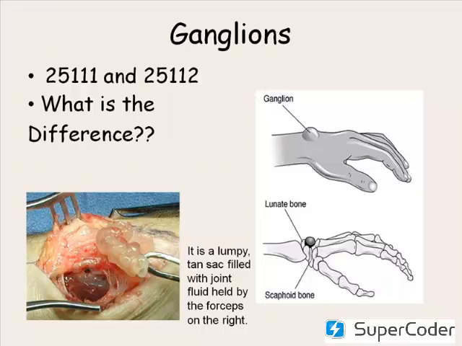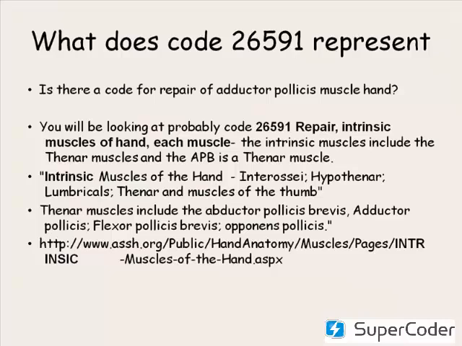On slide number 10, there's a code, 26591, and it talks about the repair of the intrinsic muscles of the hand. If you don't know your anatomy, you may end up never using this code, because they may not say that they did a repair of the intrinsic muscles of the hand. They may just say instead that they're doing the repair of the adductor pollicis. I haven't seen very many operative notes where the doctor actually said that they repaired the intrinsic muscles of the hand.